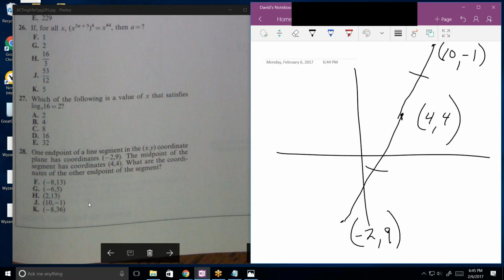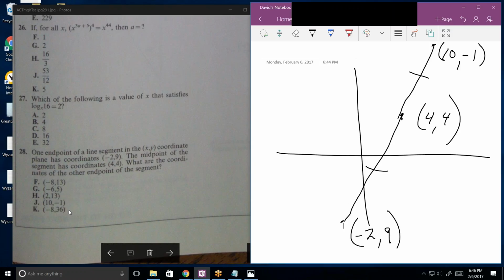And let me just make a comment about this. It's always worth looking at the answers before you tackle the problem. Notice these answers all have different x-coordinates except for F and K. So that would have immediately led me to believe that F or K was correct.